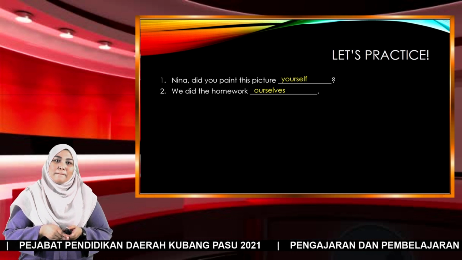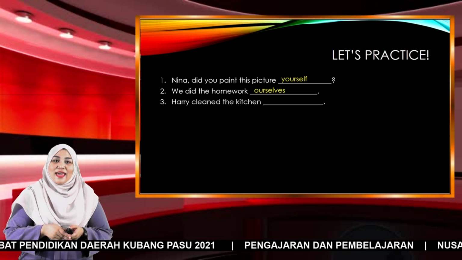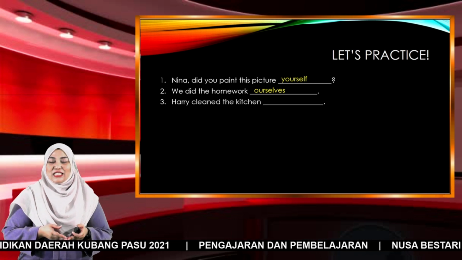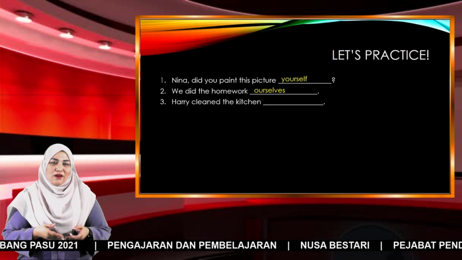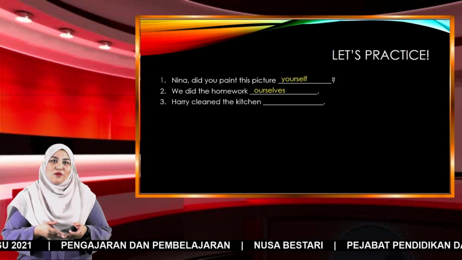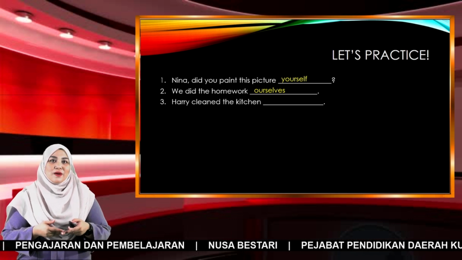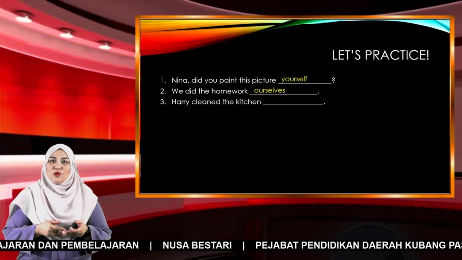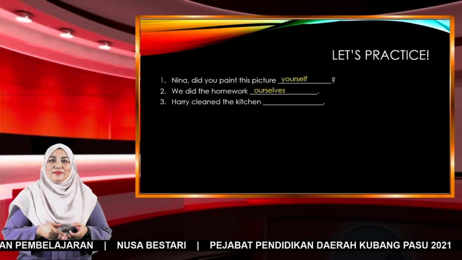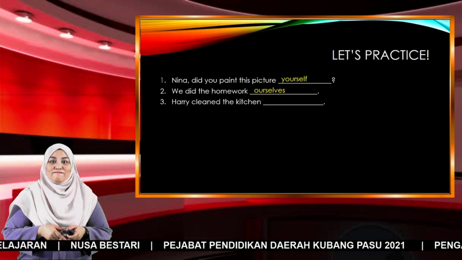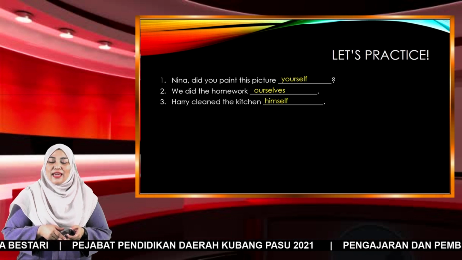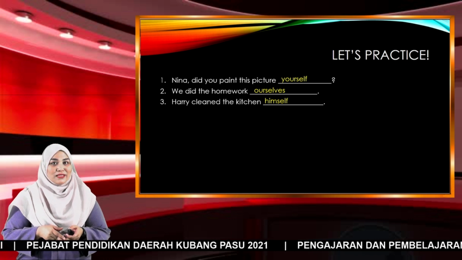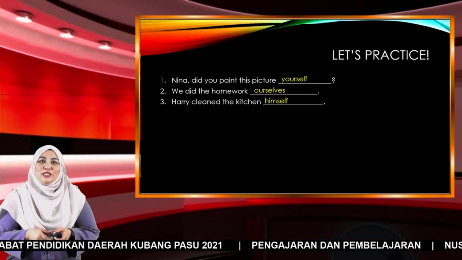Number 3. Harry cleaned the kitchen. Harry is a usual name for a man or a boy. So for Harry, the personal pronoun is he, and he we match with himself, for a boy. Himself. Okay, let's go to number 4.